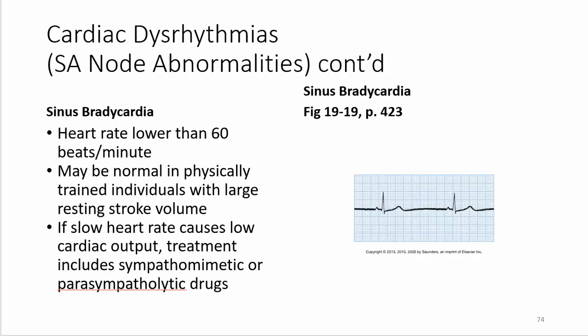The big problem with the slow heart rate is that it can lead to low cardiac output. Now, paradoxically, in fit people, the slow heart rate increases the time for filling, which increases stroke volume, which actually increases cardiac output, which is kind of the cause of the slow heart rate.